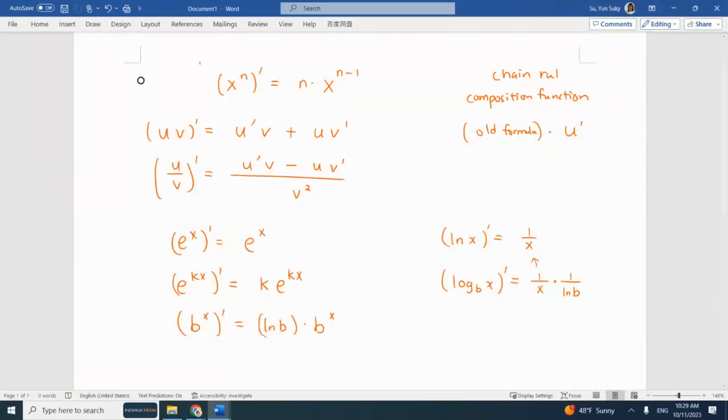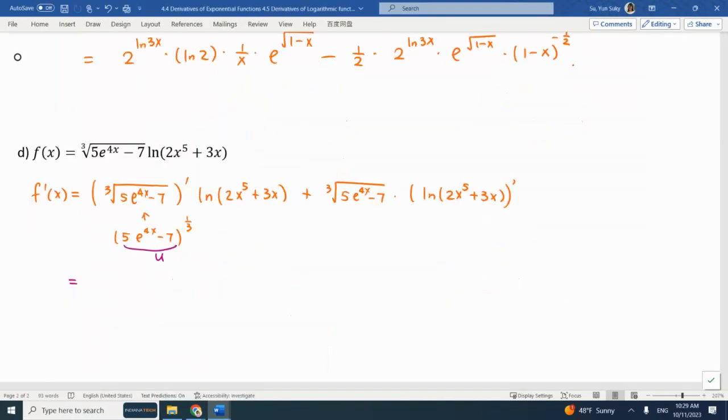Okay? So Josh, again, the derivative of u to the 1/3 is the power rule. So what's that? What's n?